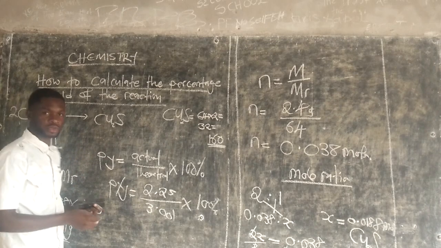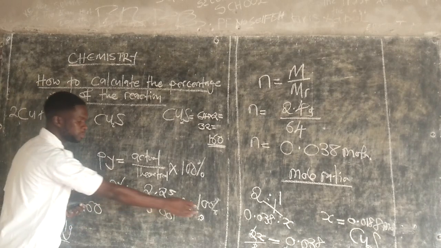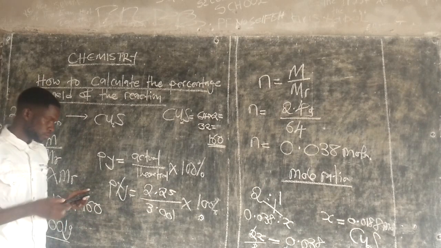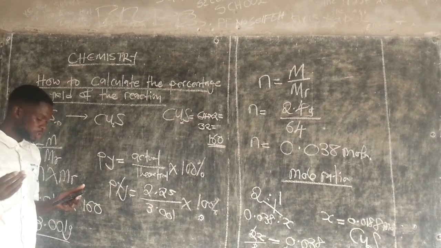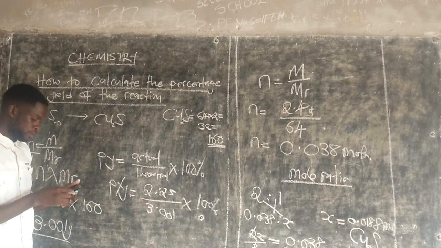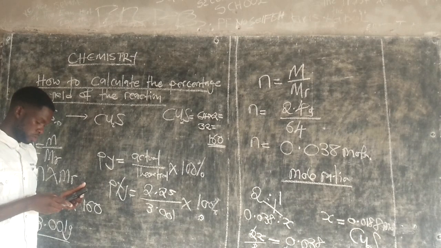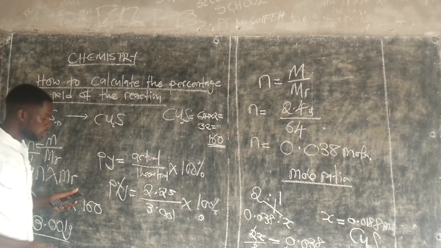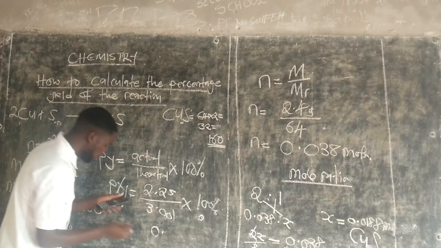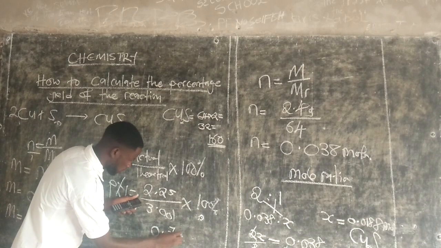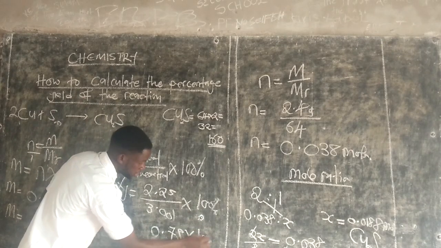Okay, so let's divide this one by that one together, and then we multiply together with that one. When we divide, we are going to have 0.75, multiplied by 100%.